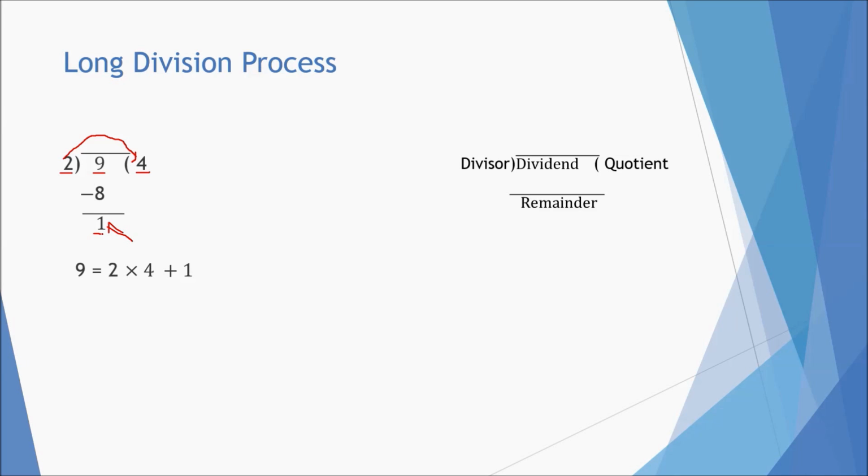We can say that the dividend can be obtained when we multiply the divisor with the quotient and then add the remainder to it. So the dividend is equal to divisor multiplied by quotient plus remainder.